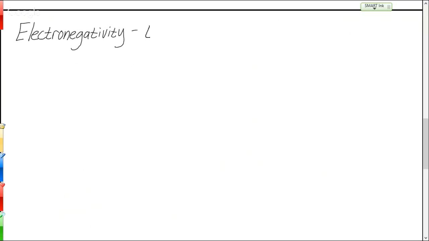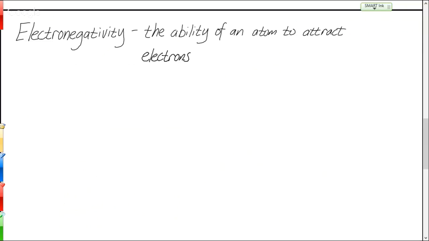Electronegativity is the ability of an atom to attract electrons in a covalent bond.